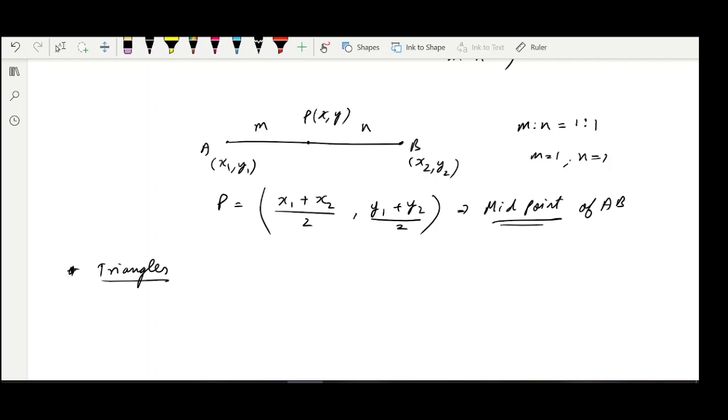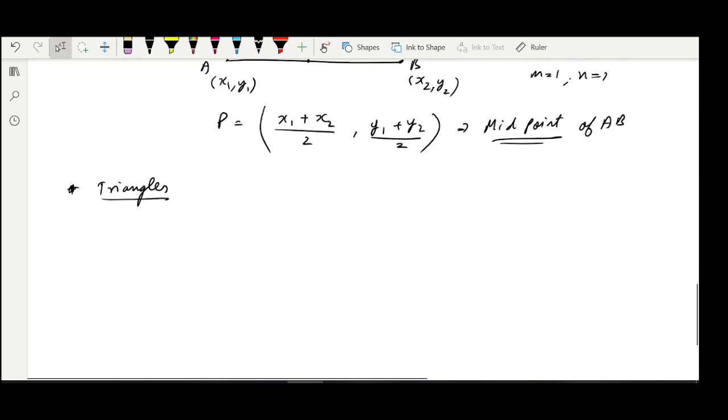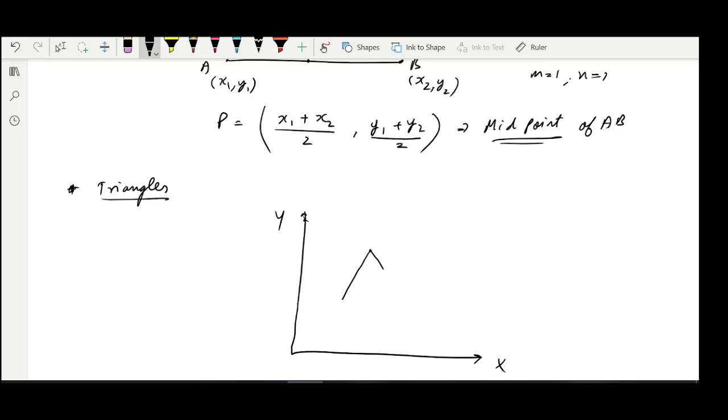Okay, so let me draw a triangle first. Here is the triangle A, B, and C.